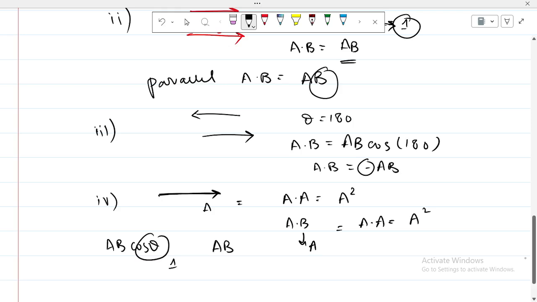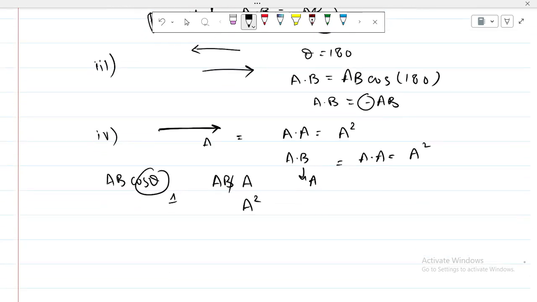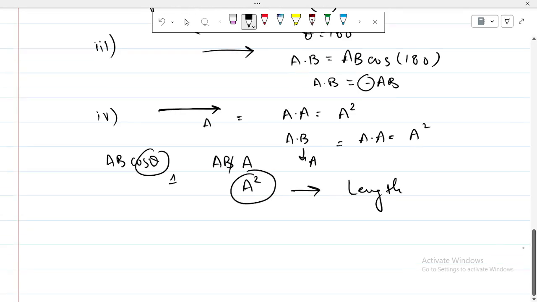But since we are taking an example where the second vector is itself A, then we get A squared. And you already know that in terms of vectors, squaring something actually means that we are looking at the length of that vector. So taking the dot product of a vector with itself just gives you the length of the vector.